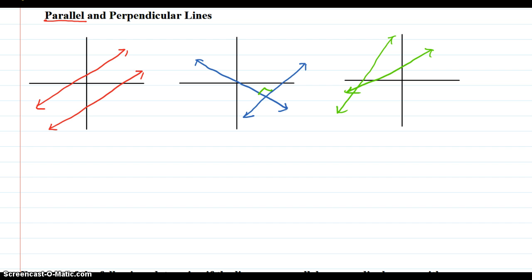So now the question is, well, what makes lines parallel? Two lines will be parallel if they have the same slope.